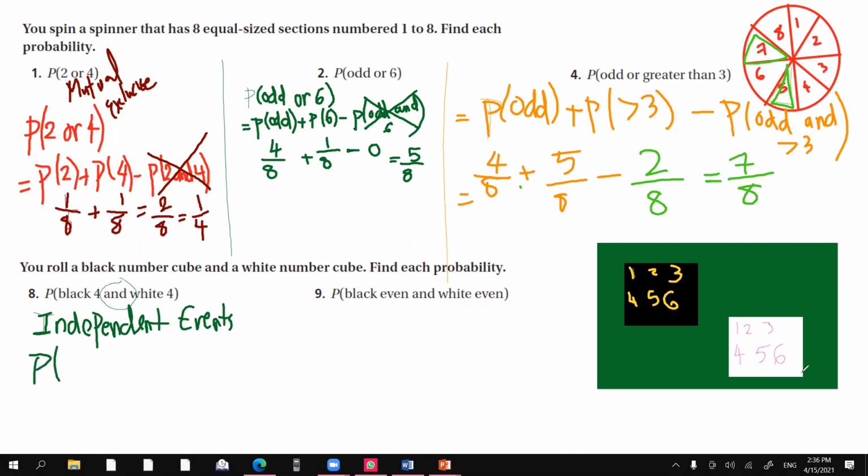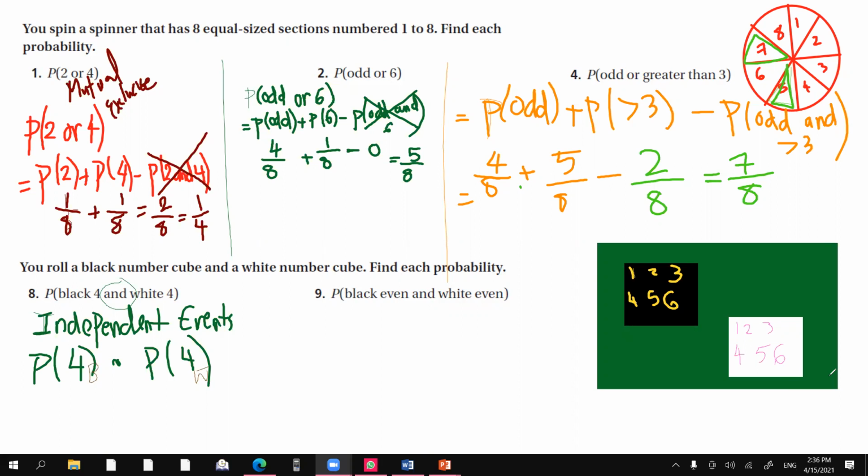And it is the probability of getting 4 from the black multiplied by the probability of getting 4 from the white. Now then, what is the probability of getting 4 from the black?